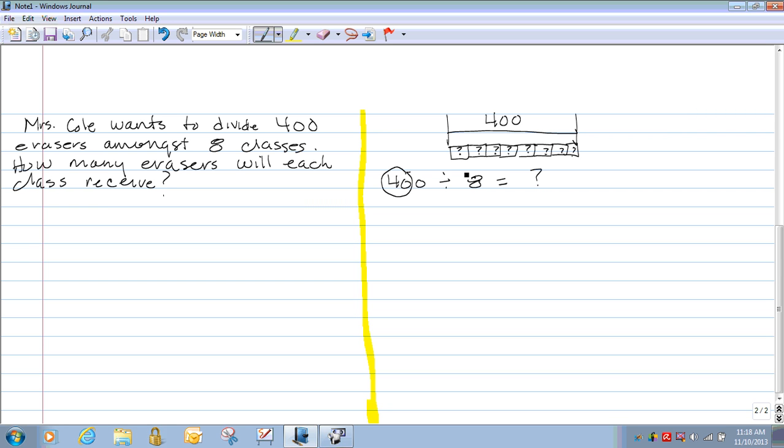I know my basic fact, 40 divided by 8 equals 5. If I count my zeros that are left, I see 1, so I'm going to place that remaining 0, and my answer is 50 erasers for each class. So in these question marks right here would be the number 50.